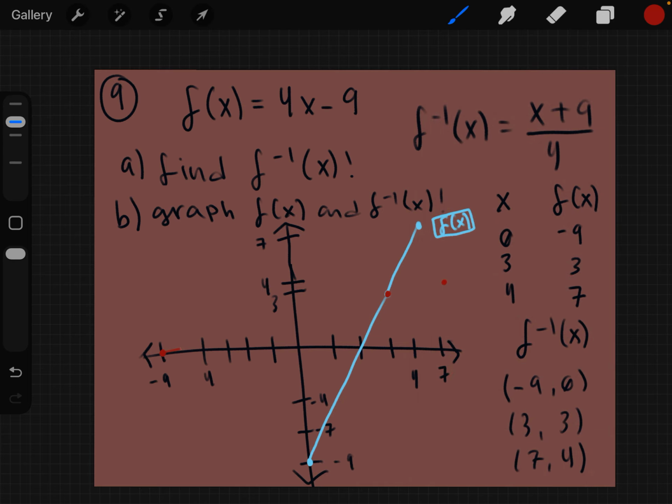Okay, connect those lines as best you can. That's f of inverse of x, and that is your graph.